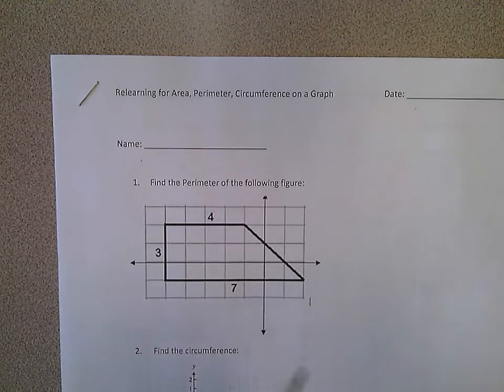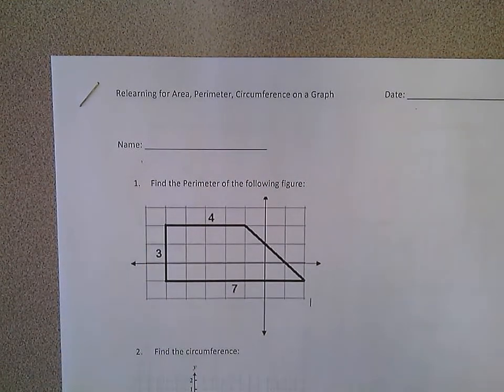There are three main compartments with this. This is like the sister standard for the area, perimeter, and circumference. They're very, very similar. The only part on this is you're going to have to find some of the information yourself.